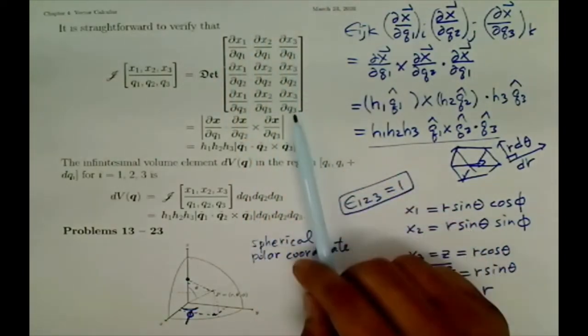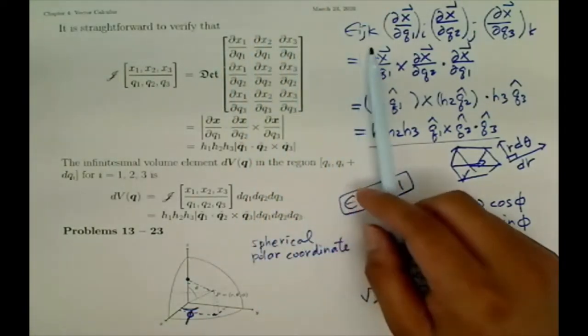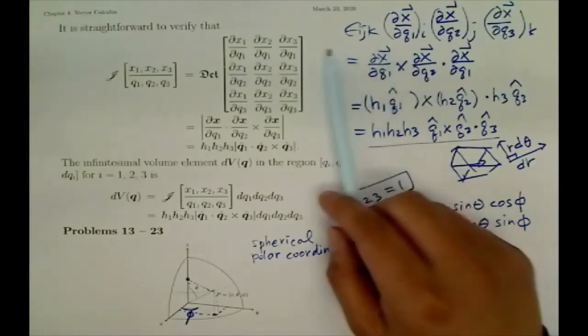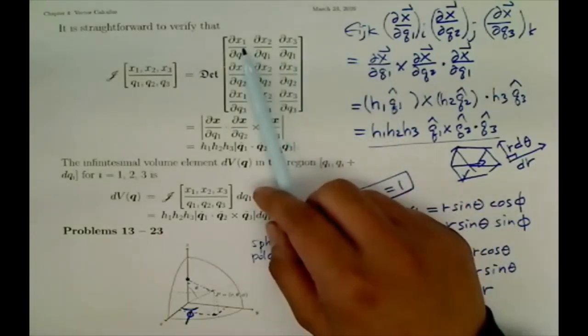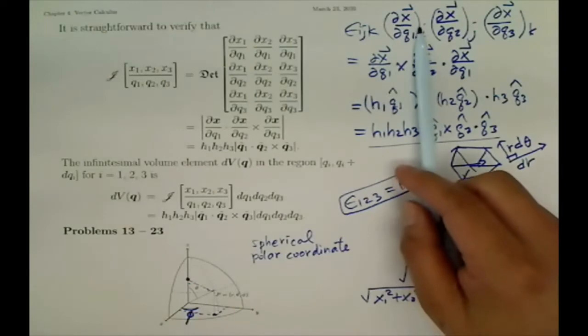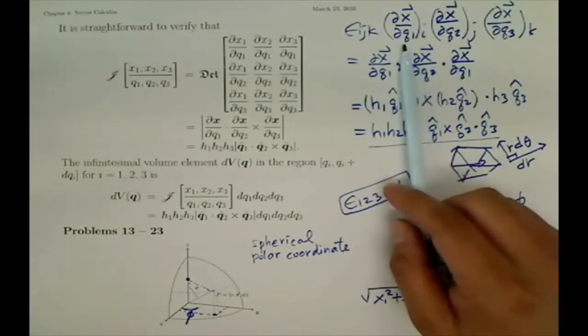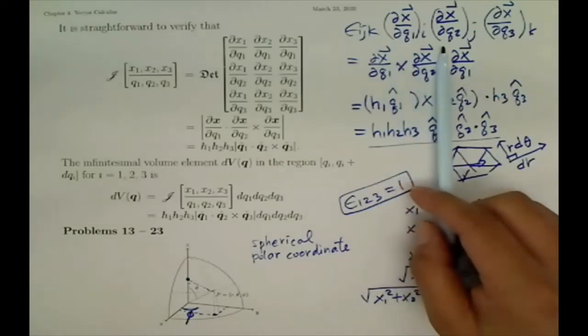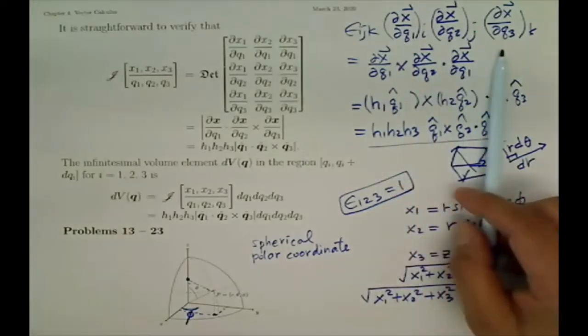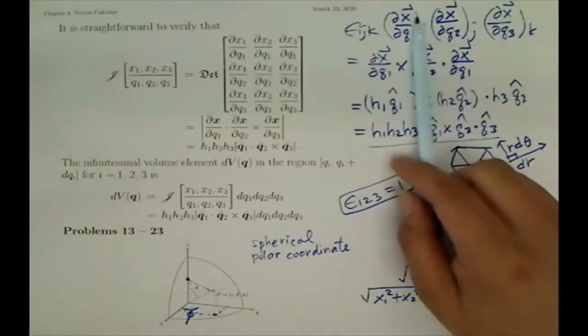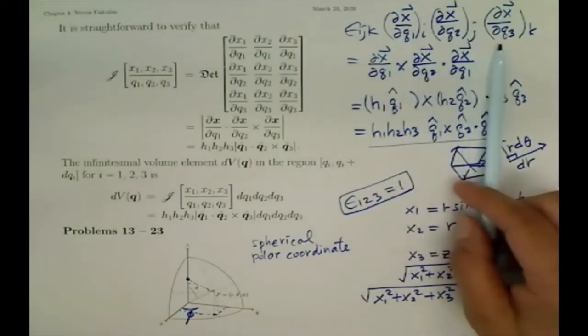If I rewrite this determinant, it becomes epsilon ijk times the ith component of vector x, the partial derivative with respect to q1, the second row with q2, and q3 in the third row, and this is i, j, k.